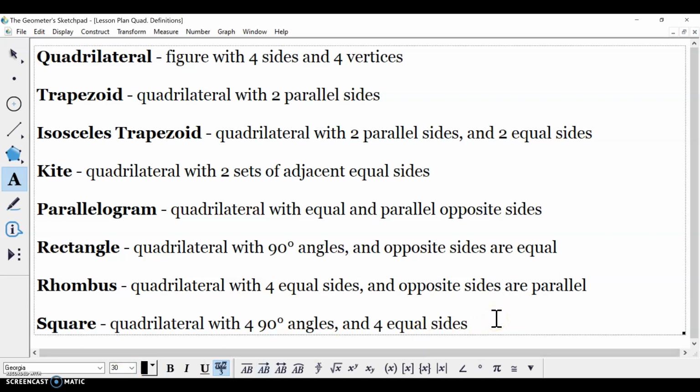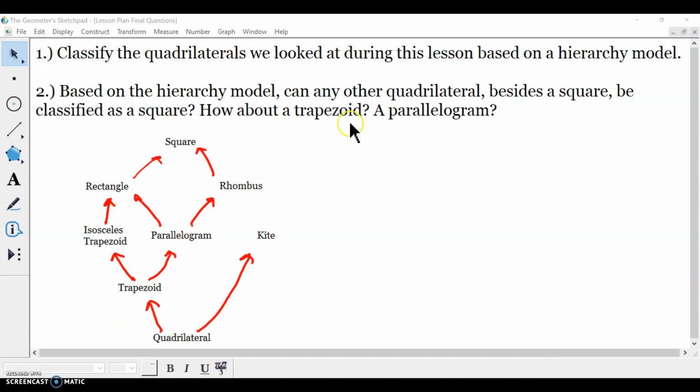So all of these definitions are inclusive in that each one tells the bare minimum properties that each type of quadrilateral must have. So every trapezoid must have 2 parallel sides. Every parallelogram must have equal and parallel opposite sides. So these will be helpful in the next question that will build upon these definitions.